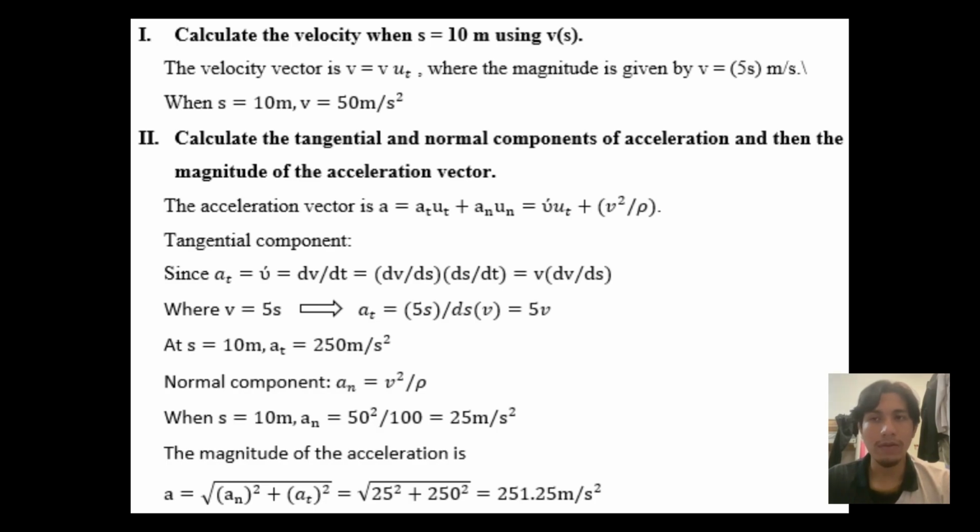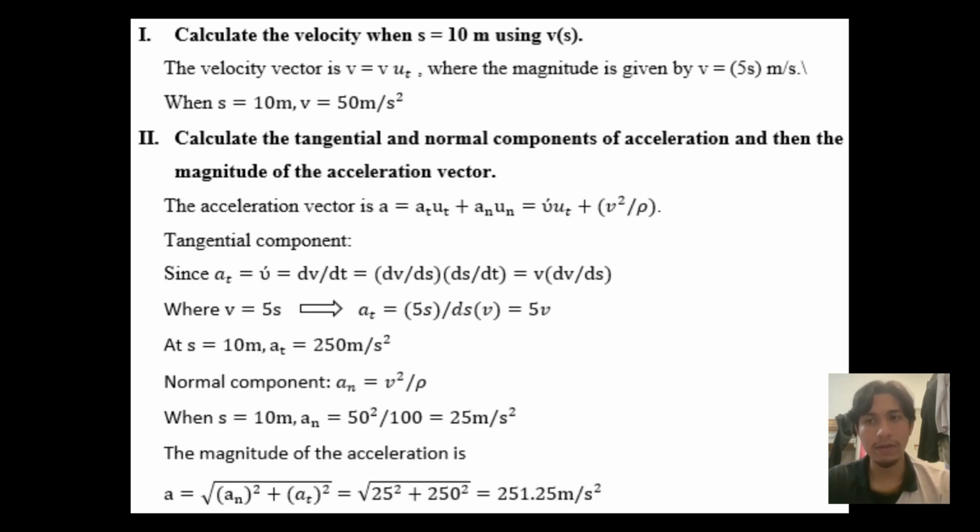So the formula of the acceleration vector is a equals to a_t u_t plus a_n u_n. So a_t is dv over dt, whereas a_n is v square over rho. For the tangential component, we must differentiate the v, and the equation of tangential component should be a_t equals to dv over ds times ds over dt, and ds over dt is v. So the equation should be a_t is equal to v times dv over ds.